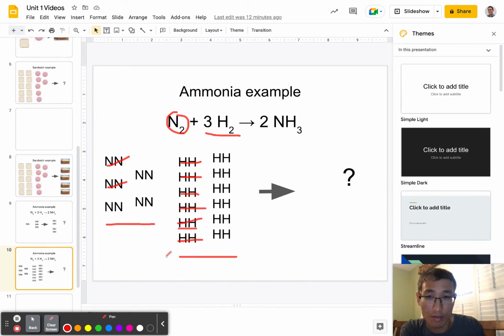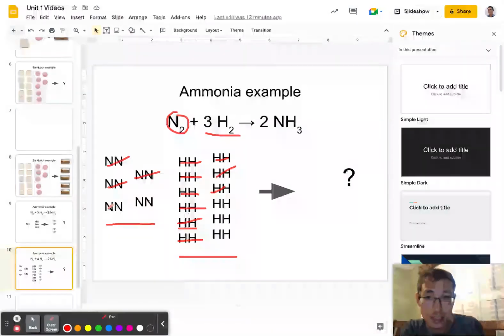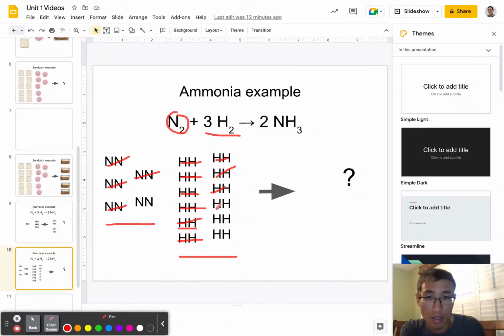Another one, react with another 3. Another one, react with another 3. Well, now you can see I ran out of hydrogen first. So my hydrogen is my limiting reactant. My nitrogen, I have an extra one here, my excess reactant.